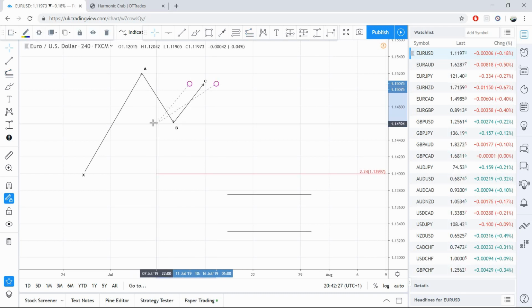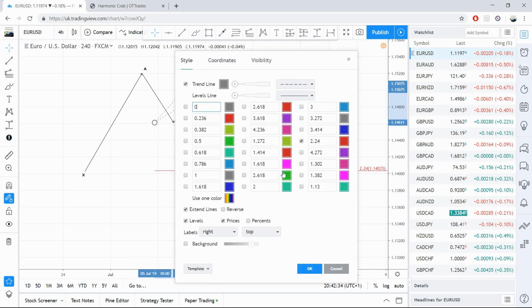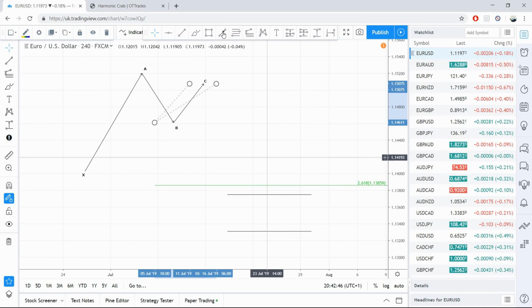This is our extension tool. And we want 261.8, 2618 of the BC if the C point is a precise 78.6.